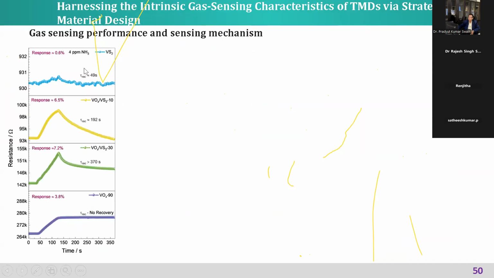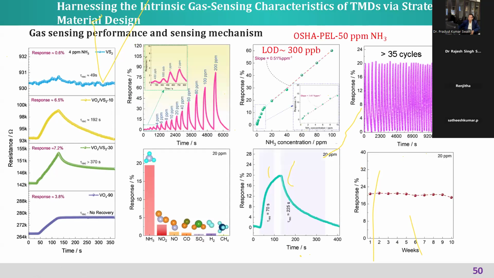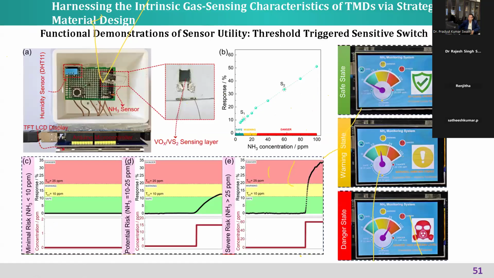Coming to the gas sensing, we did the first measurement on all samples with 4 ppm of NH3, and the sample with 10 minutes of conversion to VOx shows a good response. So that sample we take for the study. The limit of detection is 300 ppb, and the cyclic stability and long-term stability, everything we show in this.